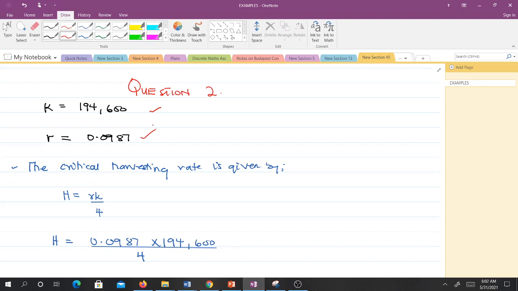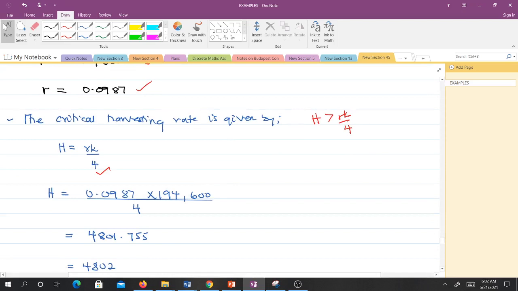The population will go into extinction when H is greater than RK on 4. So the critical harvesting rate is given by H equals RK on 4.